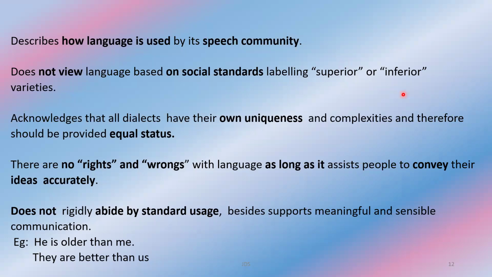No such discrimination is found under descriptive grammar. So it's a very broad-minded, democratic kind of approach. People are led to use the language as they can possibly do, right? However they can possibly use it, they are allowed to use it in that manner, as long as it communicates the meaning.